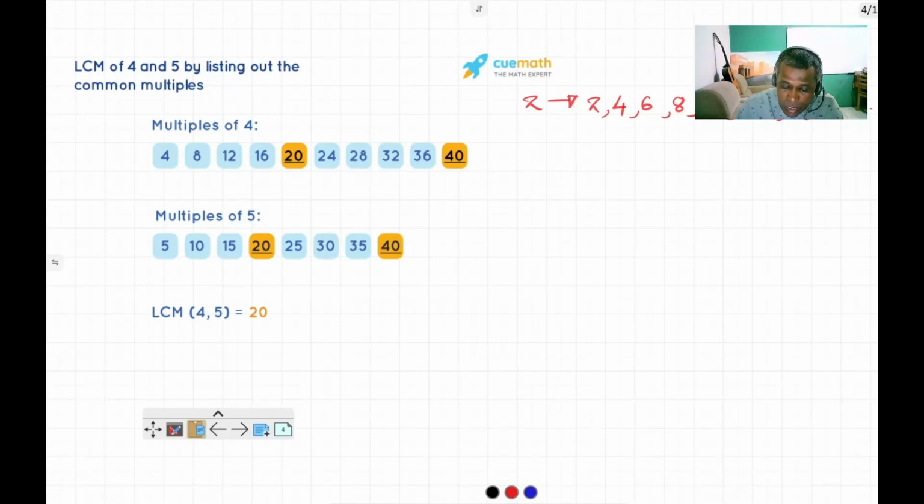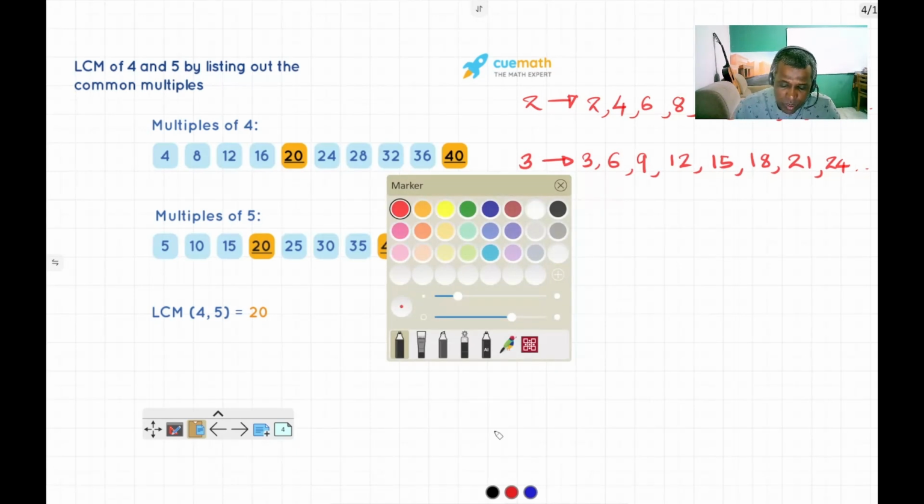Next I am writing the multiples of 3: 3, 6, 9, 12, 15, 18, 21, 24, and like that. Now I am going to mark something common for them.